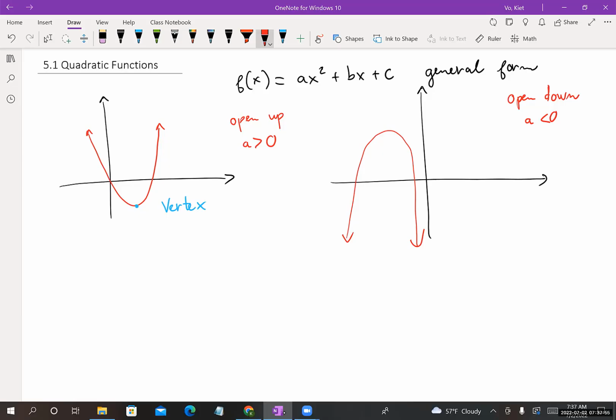Of course, here we assume that a is not equal to 0, because if a is equal to 0, then it's no longer a quadratic function, right? If a equals 0, then the x squared term will be 0, which will turn it into a linear function. So here's the vertex here as well.